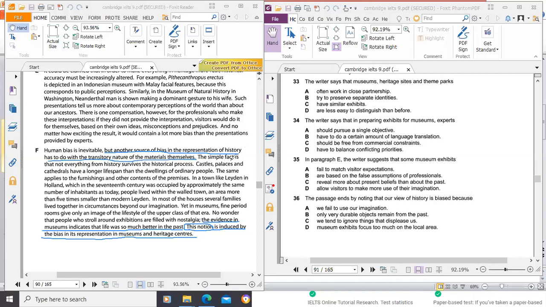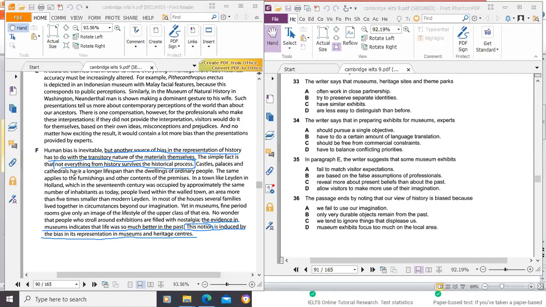Okay, the simple fact that not everything from history survives the historical process. So not everything survives. There is also misrepresentation of, and so on.